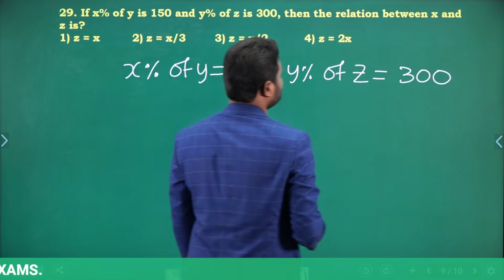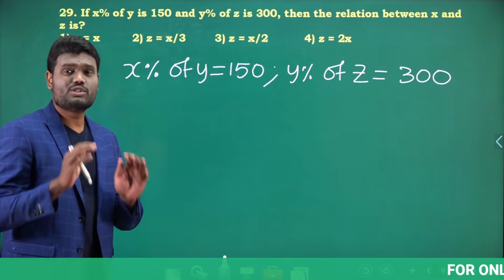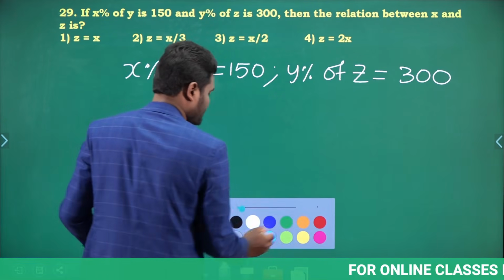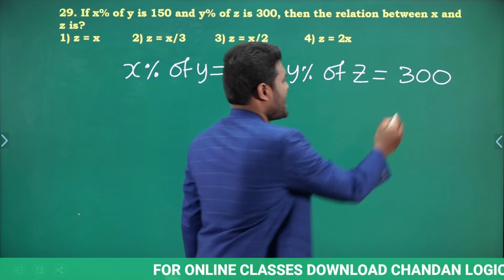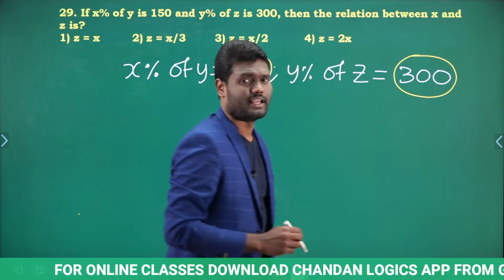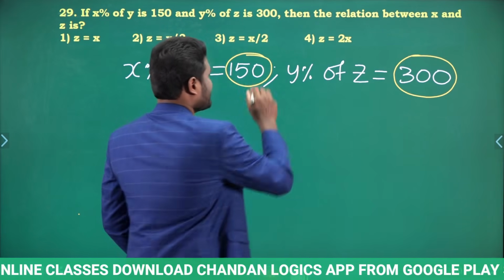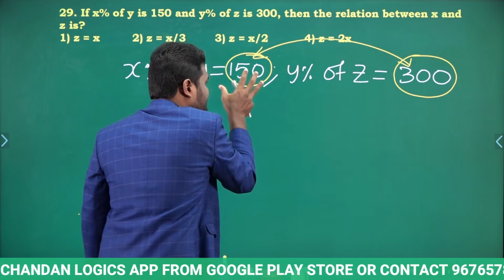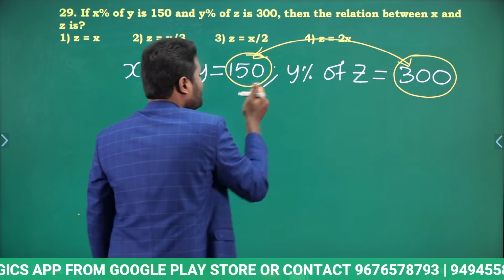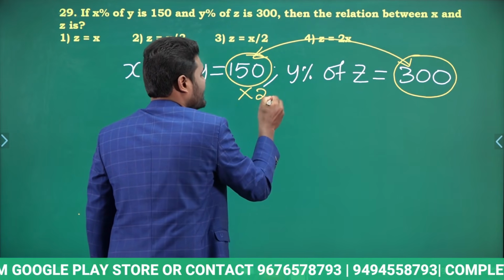Now we need to know the relation between x and z. Observe carefully. This value is 150, and this value is 300. If you use your common sense, as this is 150 and this is 300, I will make it 300.